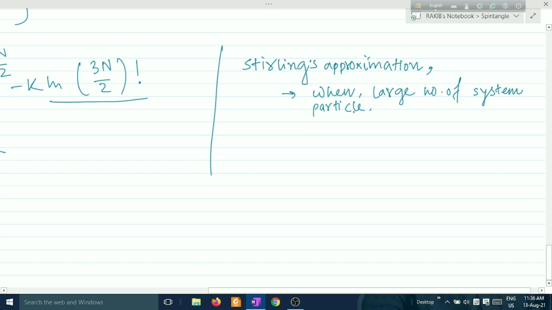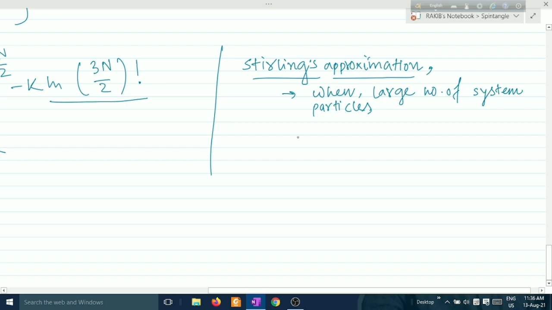It gives us a non-polynomial type formula; it is not a long extended formula. When there is a large number of particles in a system, we use Stirling's approximation. It is a mathematical formula; you can check it on Google. So what is Stirling's approximation formula?